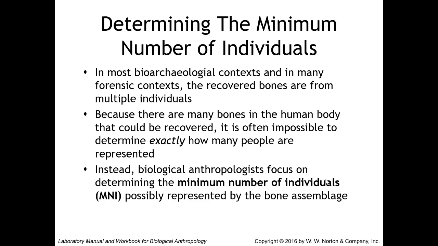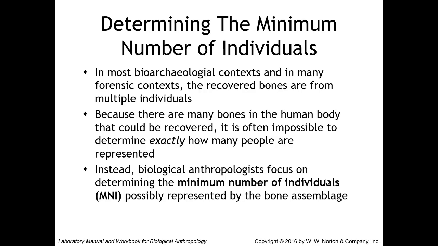So in most bioarchaeological contexts and in many of our forensic contexts, the recovered bones are from multiple individuals. So it's up to us, the bioarchaeologists or forensic anthropologists, to determine how many people are actually represented by the bones in the assemblage, right? Because there are many bones in the human body that could be recovered, it is often impossible to determine exactly how many people are represented.